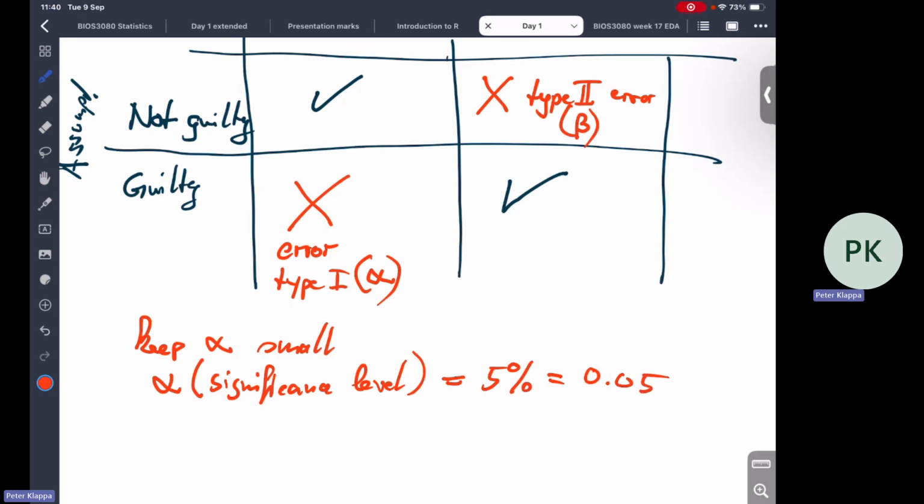That means I assume that in 5% of my decisions, I'm wrong. I'm willing to accept that I'm wrong in 5% of the decisions.